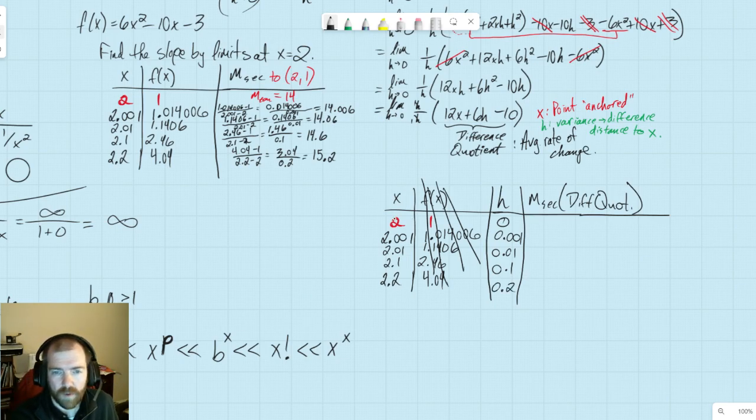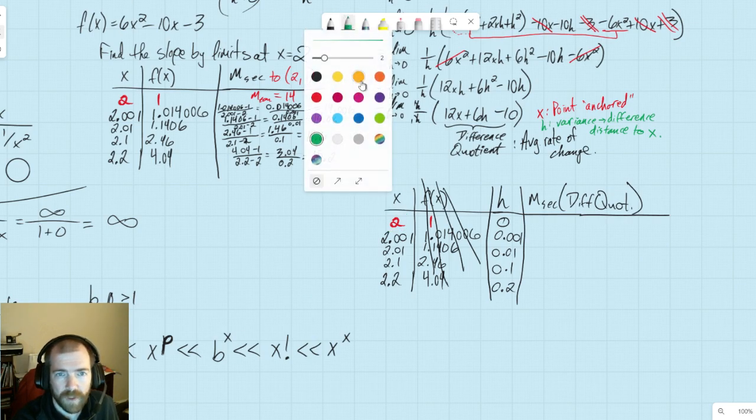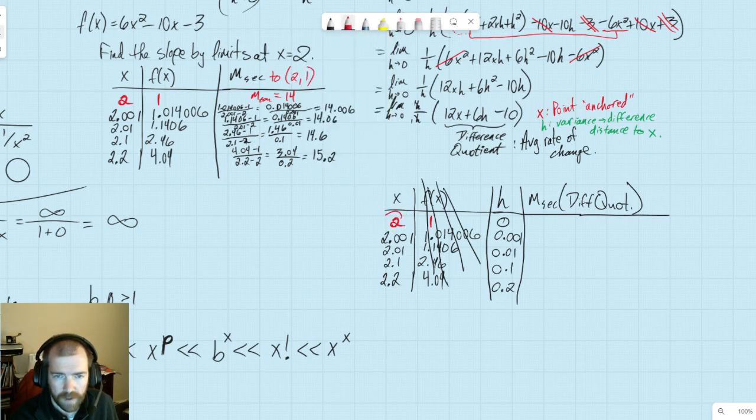So again, we're going to anchor this around x equals 2. If we're going to be accurate, right? So we're going to anchor this around x equals 2. And always use these h values here.